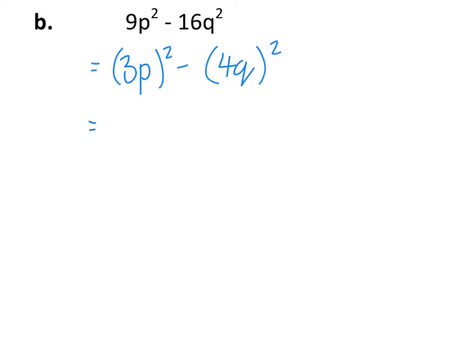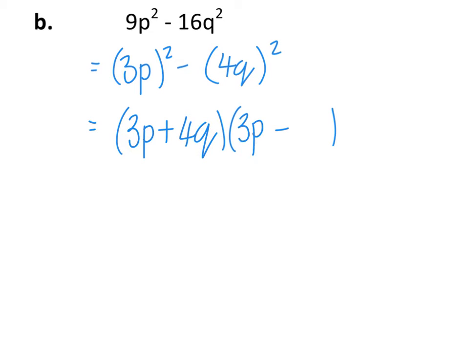A difference of two squares requires double brackets. One of them gets a plus sign, the other one a minus. It's then just 3p and 4q in each bracket. That then completes our factorising by a difference of two squares and gives us our answer.